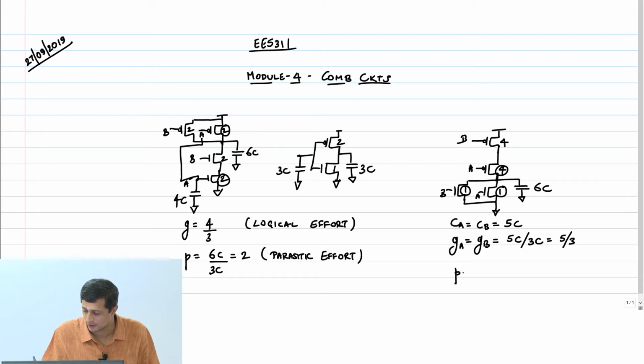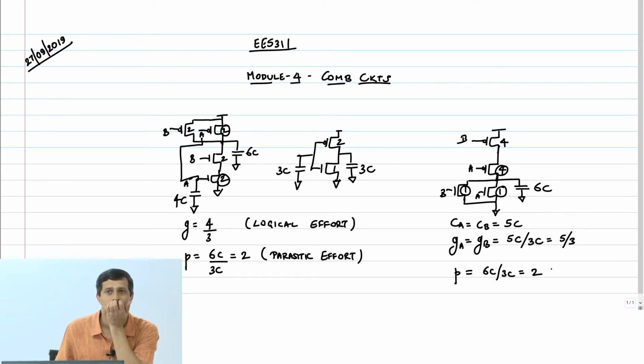And parasitic effort is obviously not dependent on the input, it's only the output diffusion capacitance that we are counting. P is going to be 6C divided by 3C, so you get a parasitic effort of 2.